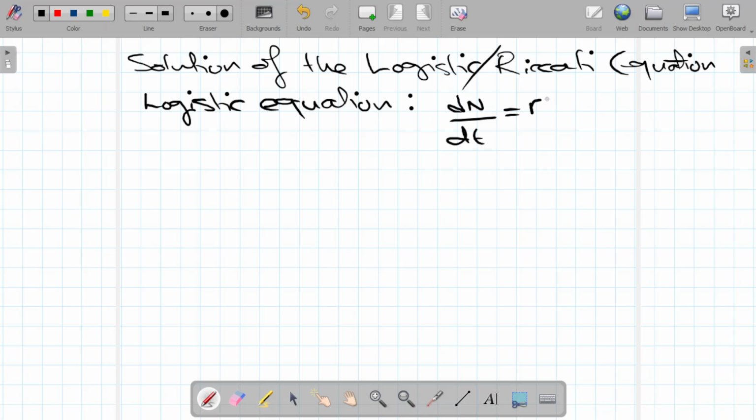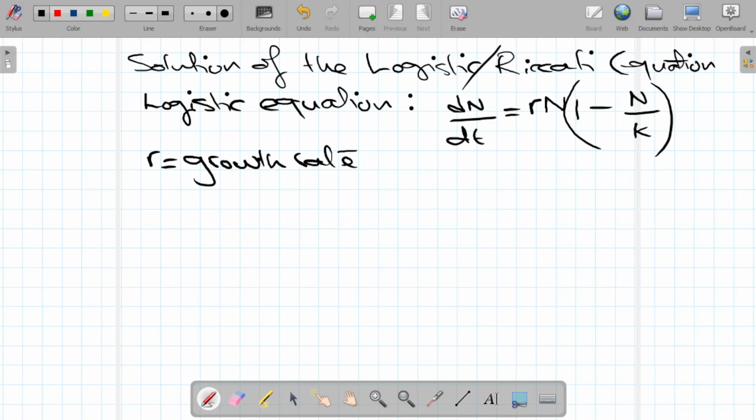So R is a growth rate, and that's multiplied by the population at any time t, n, and that in turn is multiplied by 1 minus n over k. Right, so that is a very basic logistic Riccati equation where, as I said, R is equal to the growth rate, and K is equal to the carrying capacity.